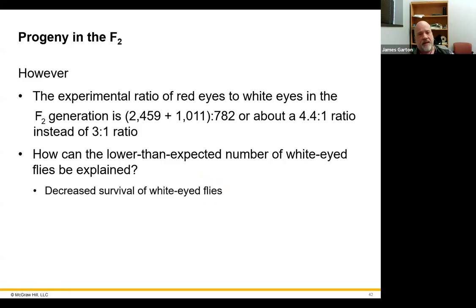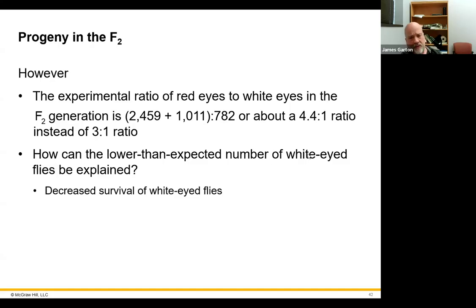Now, if you do the math, you don't really get a perfect 3-to-1 ratio of red-eyed individuals and white-eyed individuals. You get approximately a 4.5-to-1 ratio.